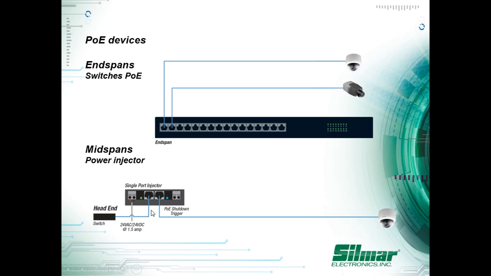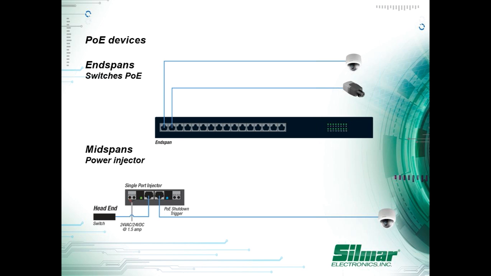Then you're going to run an Ethernet cable into the input of either the midspan or the PoE injector, which will then input power coming from the power supply of the injector, and then on the output port push over not only data as well as power to the camera. So once again, if you have a situation where the end user doesn't want to replace their switches, or they have very good switches, you're going to go for the midspan option there.